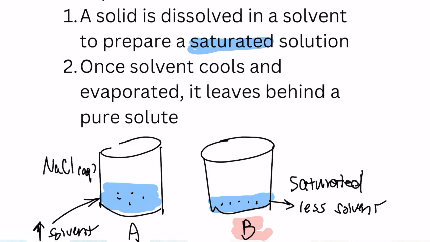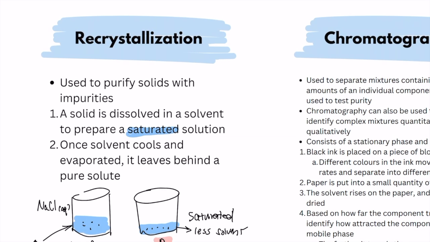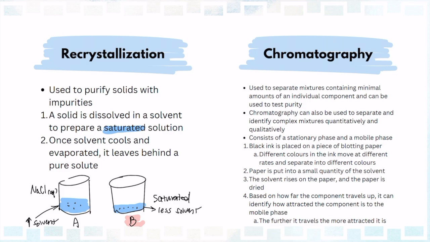So that's what saturated means. You have the solute being more than the solvent, I guess. So a solid is dissolved in a solvent to prepare a saturated solution, so B is the saturated solution. Once the solvent cools and evaporates, it leaves behind a pure solute.